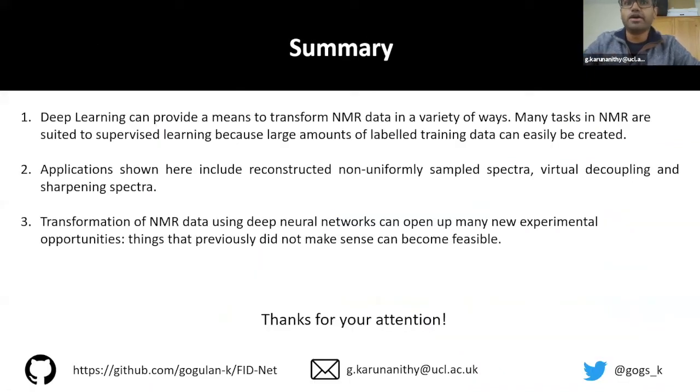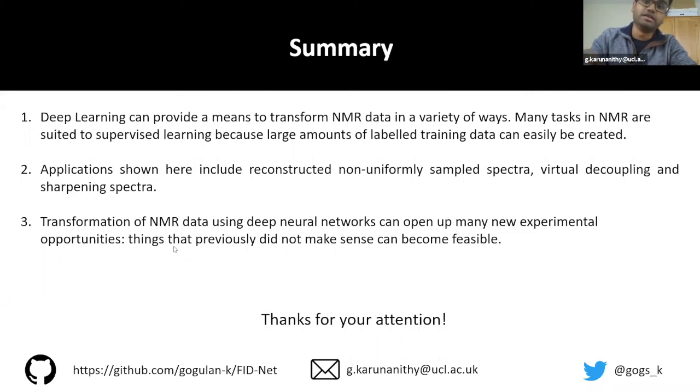So, to summarize, deep learning is a super flexible technique at our disposal now, and is really well suited to problems in NMR, I think, because of the ability to get arbitrary amounts of training data quickly. The applications I've shown you are reconstructing non-uniformly sampled data, virtual decoupling, and sharpening spectra.